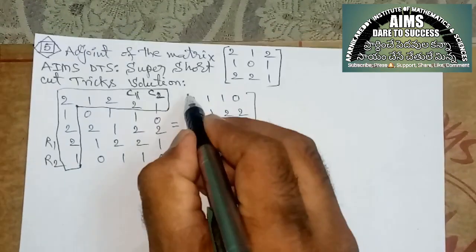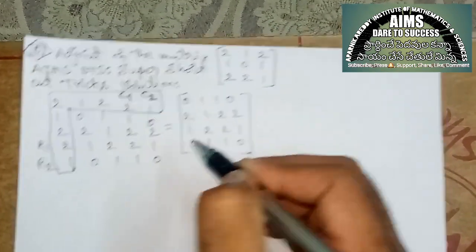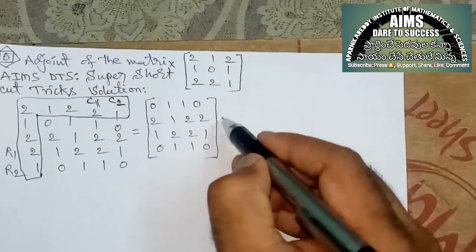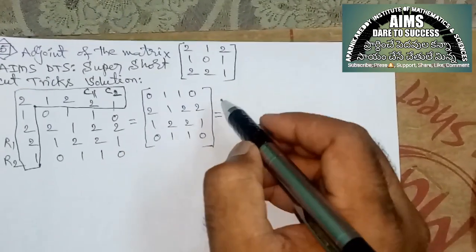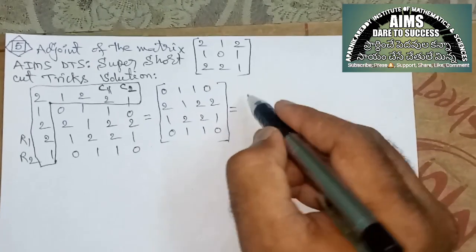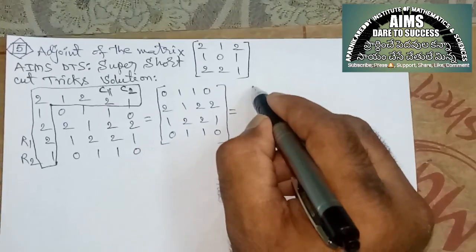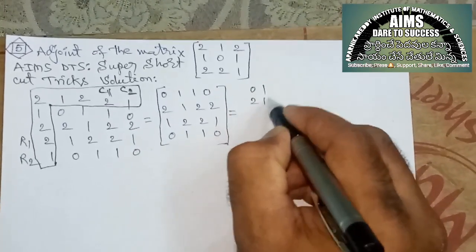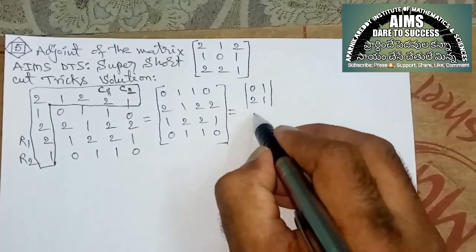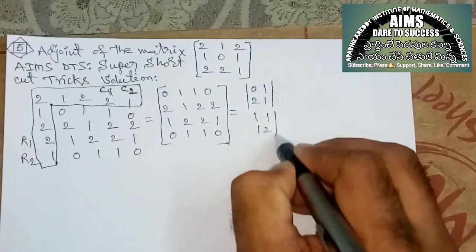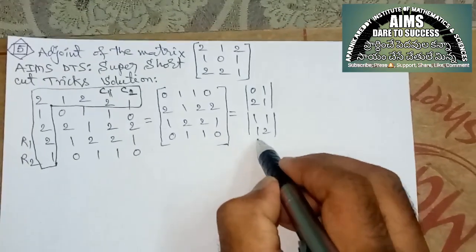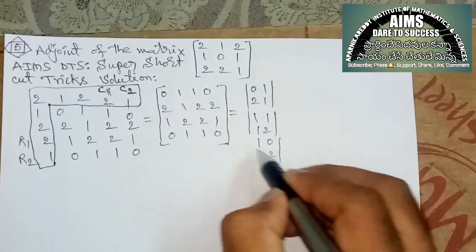This is of order 4 by 4. After that, take row 1 and row 2 and write in column 1: 0 1 2 1. Next 1 1 1 2, and next 1 0 2 2.